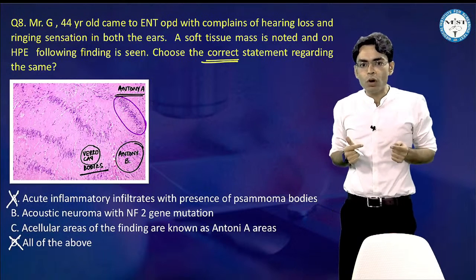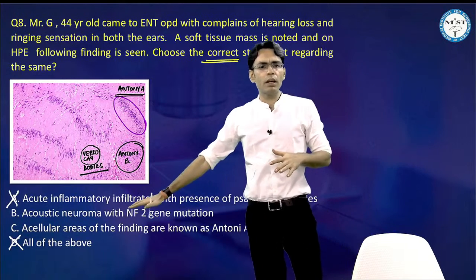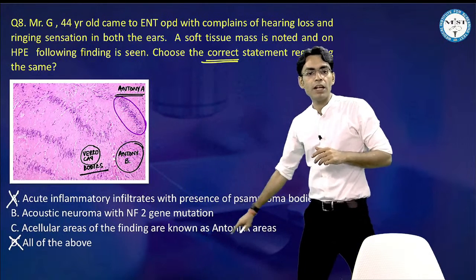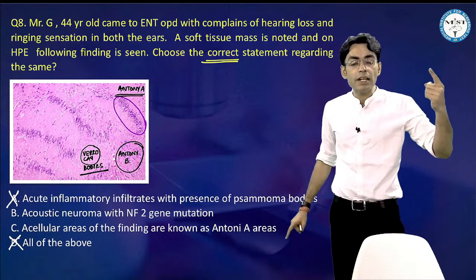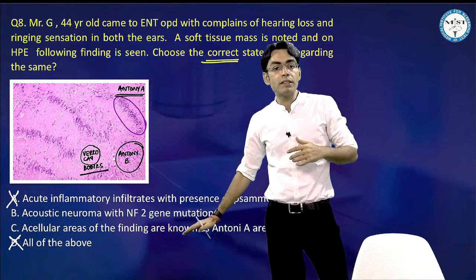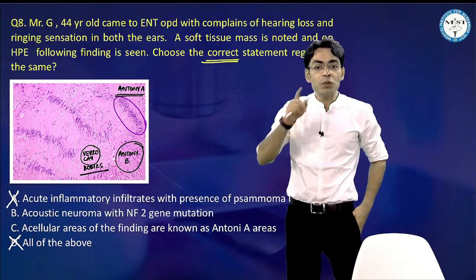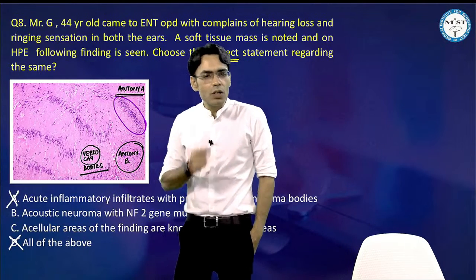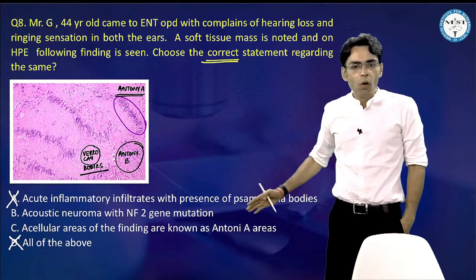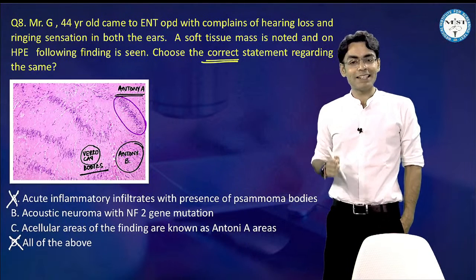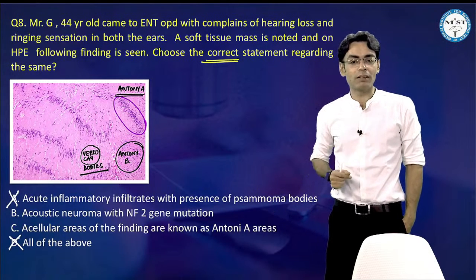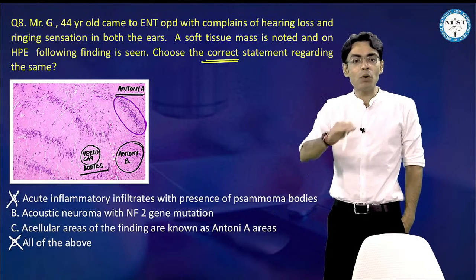Then you read this and you got this area, Antoni A, schwannoma has Antoni areas. Many of you answered C also. But you didn't read what is written here. This is acellular areas. Are acellular areas called Antoni A? No. They are called Verocay bodies. Antoni A is hypercellular, Antoni B is hypocellular, guys.